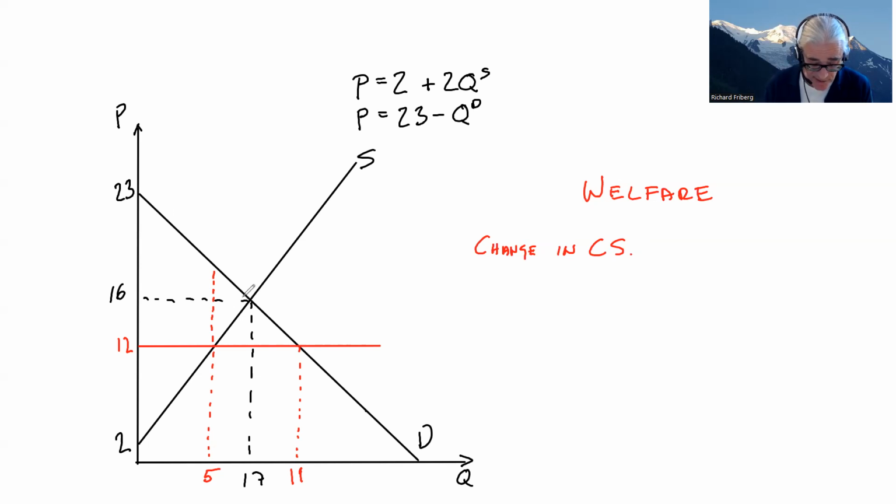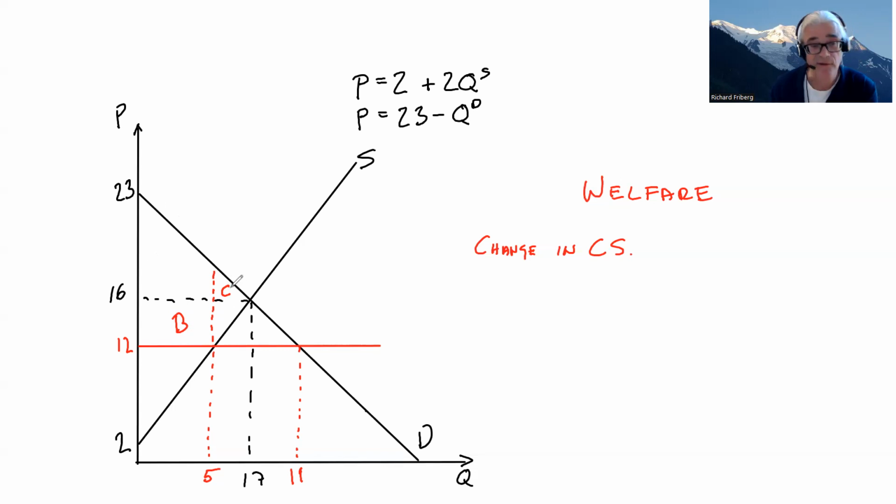Consumer surplus in the case of the price cap is still given by the demand function, so the difference between demand and price, evaluated now at the actual quantity of 5. This area will be the consumer surplus, which means that consumer surplus increases by area B. There are a number of units for which the consumers are paying less, and that's good for consumer surplus.